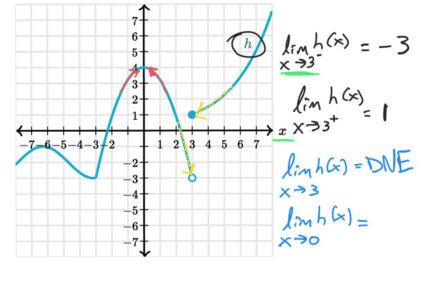So we look, the left side seems to be going towards 4, and the right side seems to be going towards 4 as well. And so this answer would be, as the x gets closer to x equals 0, the y is getting closer to 4.